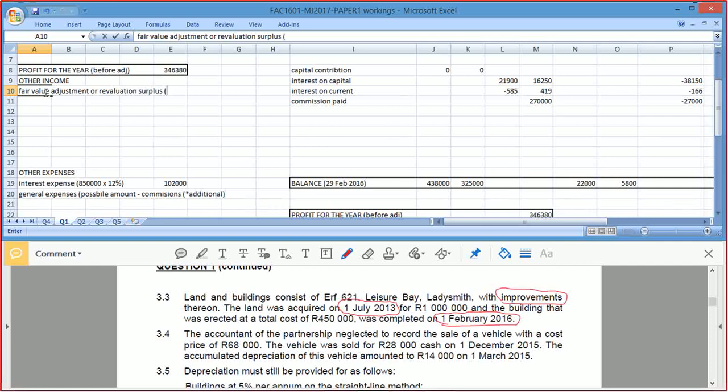And a revaluation surplus is actually equity that the partners would be entitled to. But it's not something that you have to provide for here. So land and buildings isn't required in this particular question. Yeah. Next.